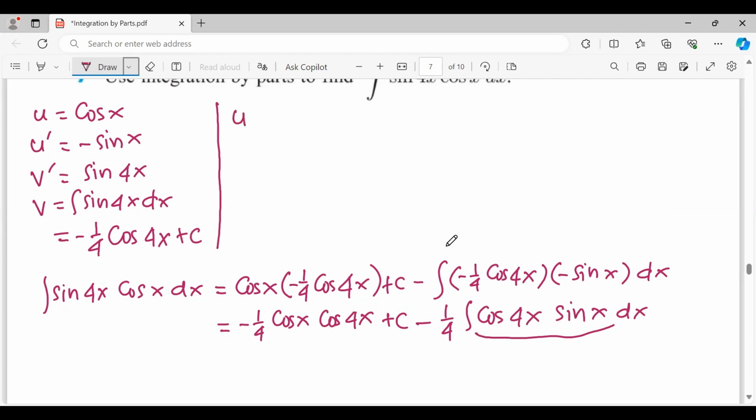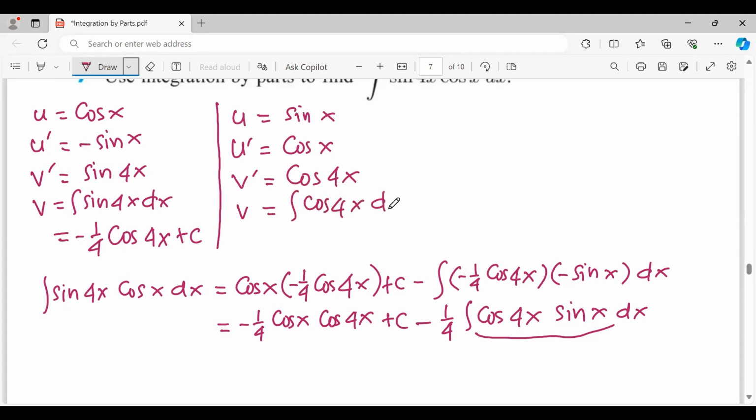For this integral, u equals sine x, derivative u equals cosine x, derivative v is cosine 4x, so v is the integral of cosine 4x dx, which becomes a quarter sine 4x plus c.